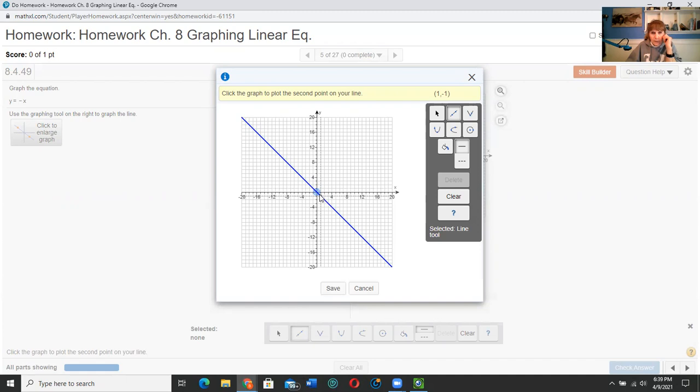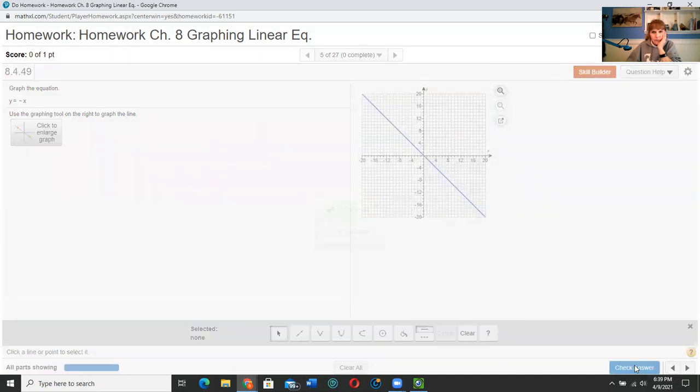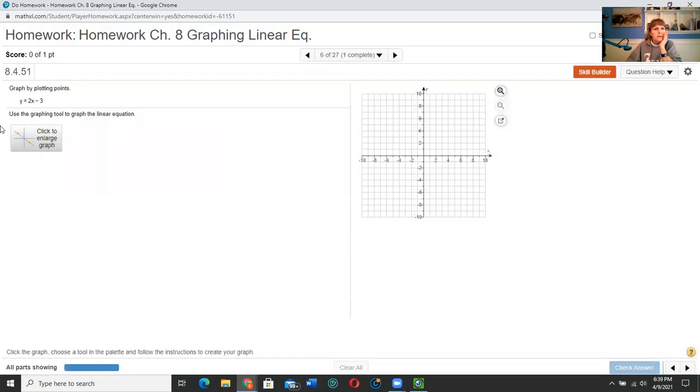So you're at 1, negative 1. And click, and there's your line. Then, once you have this, you press save. And it'll save it, and then you can check your answer. So there's one of your graphs, and we'll do a few of these. Yay, I liked it.